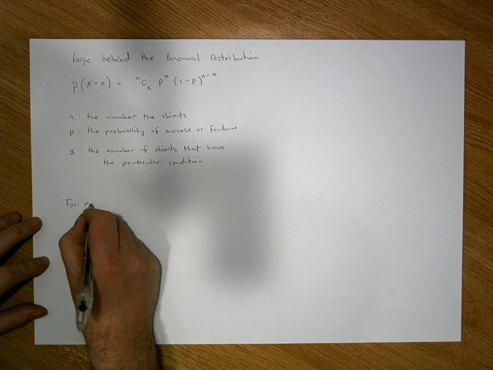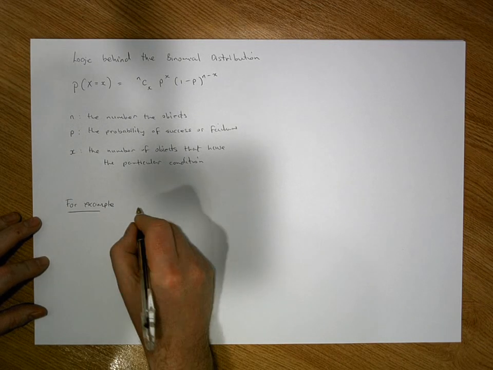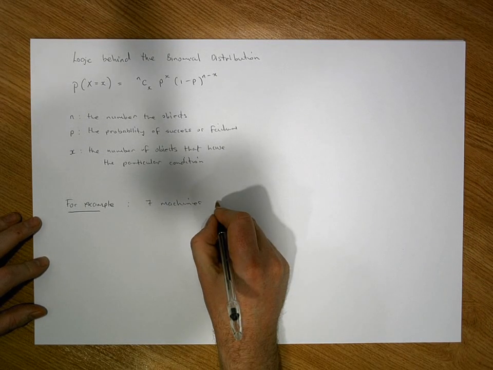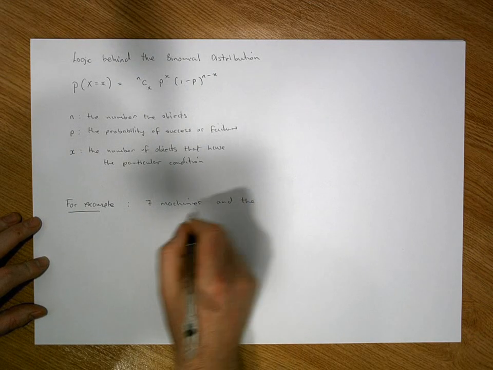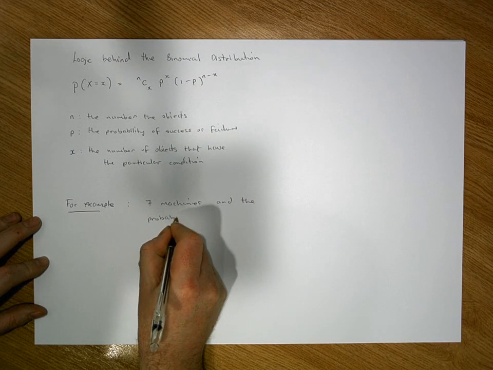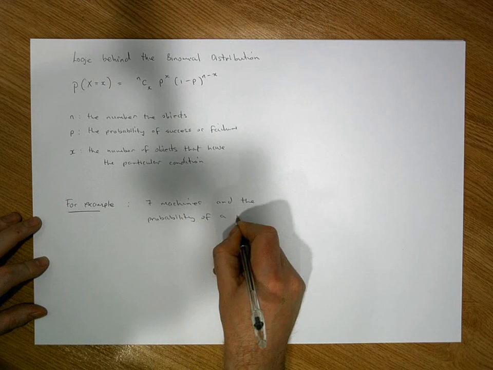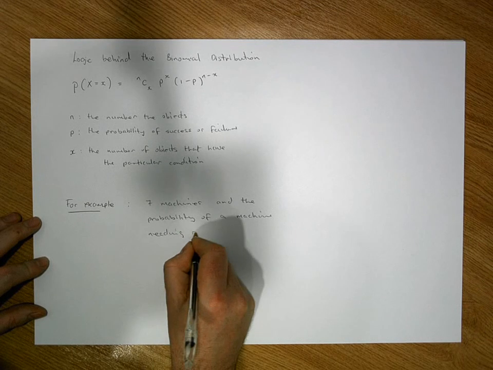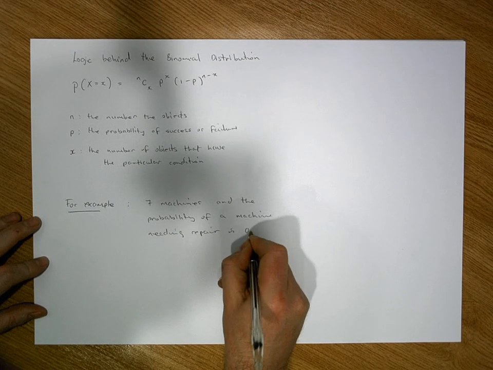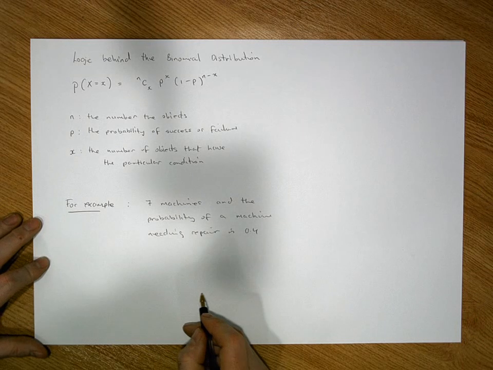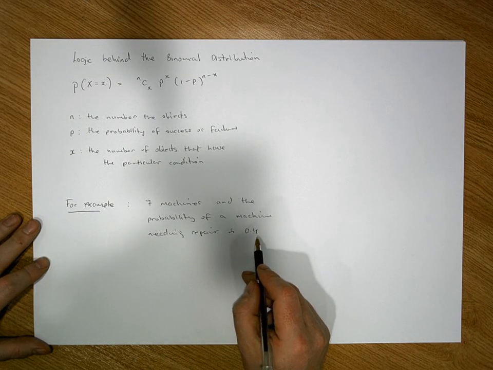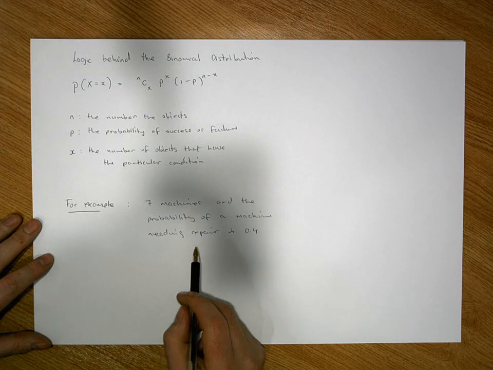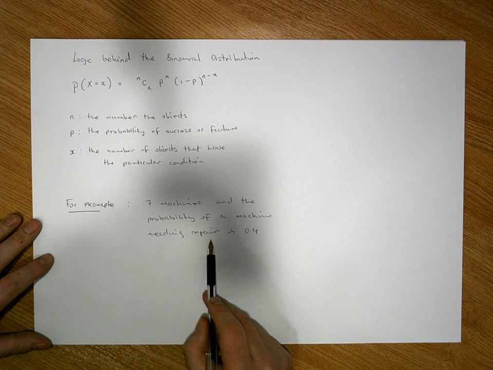If I have, let's say, 7 machines, and the probability of a machine needing repair is 0.4, so you have a 40% likelihood that any particular machine will need repair on a particular day. So we have 7 machines, and the probability of a machine needing repair is 0.4.